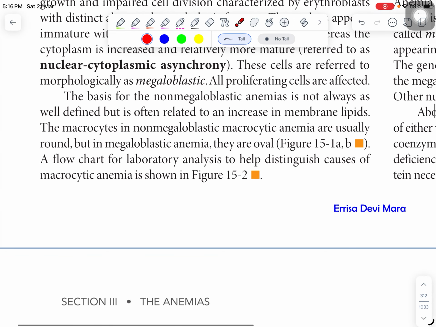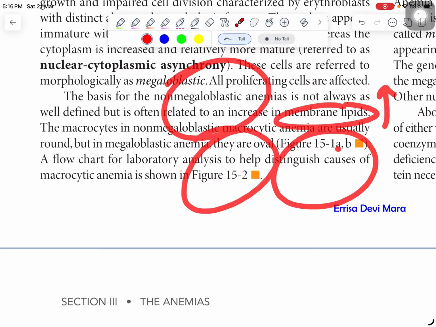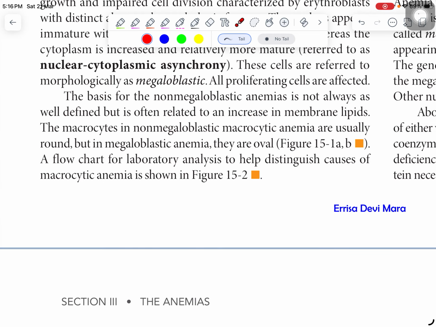The basis for the non-megaloblastic anemia is not always as well defined, but is often related to an increase in membrane lipids. When membrane lipids are increased, big cells will be seen in the peripheral smear.